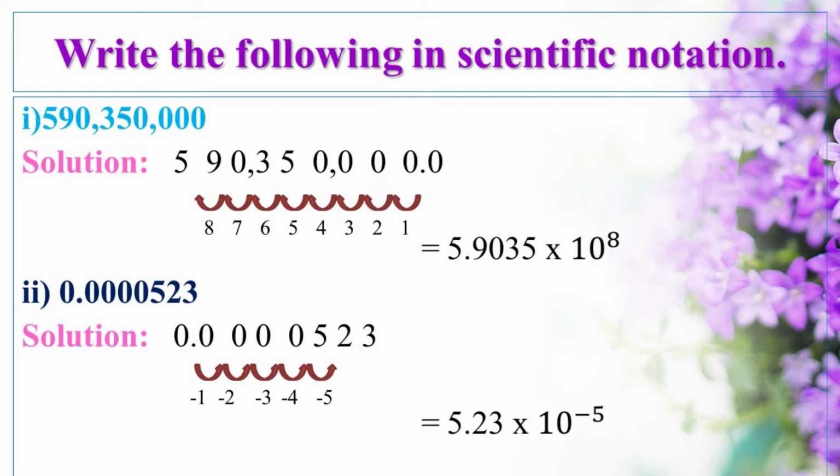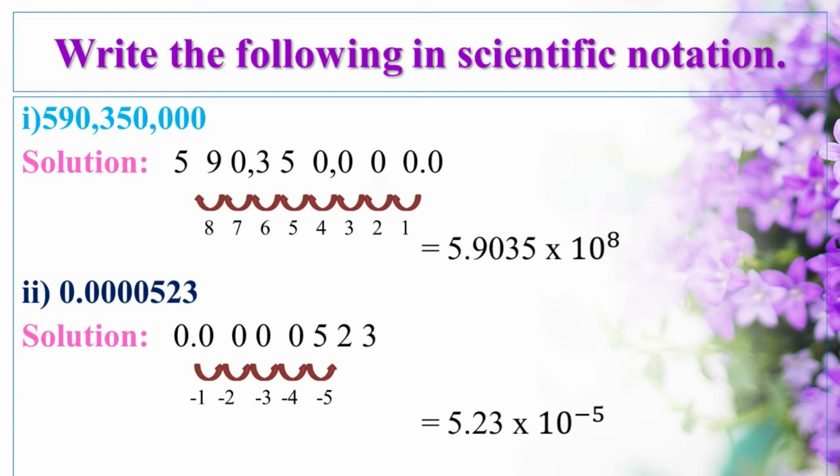The solution for the given sum is 5.23 into 10 power minus 5. Here there should be one number before the decimal point. That is the first rule we have studied. So therefore 5 was before the decimal point. Then next one, power of 10. The power of 10 should be the number of times we have moved.